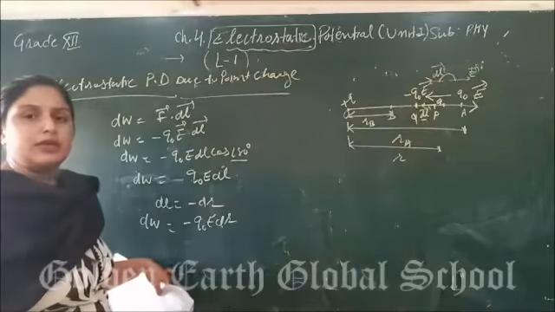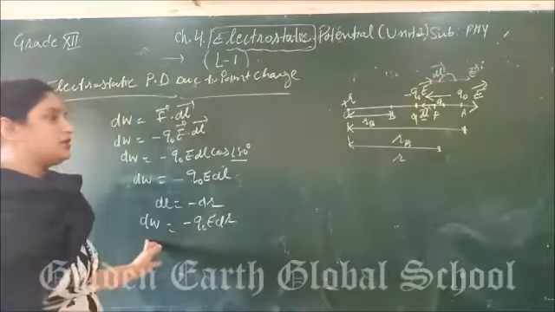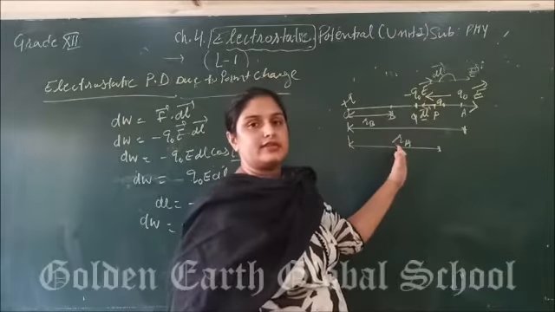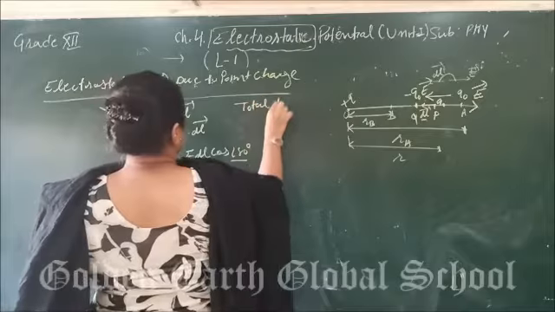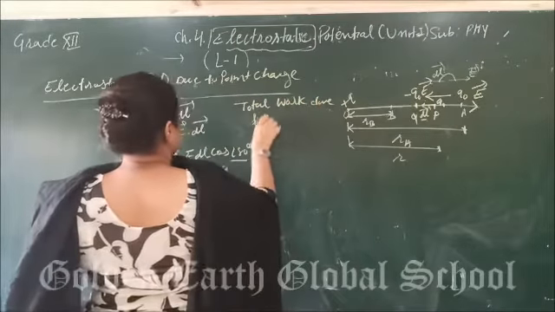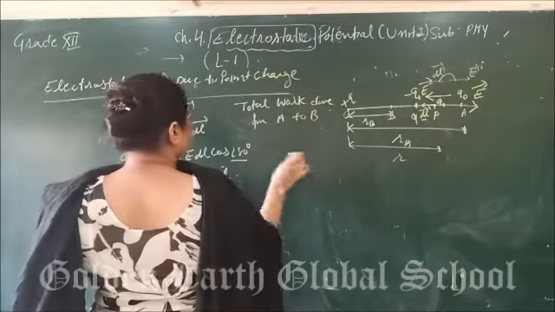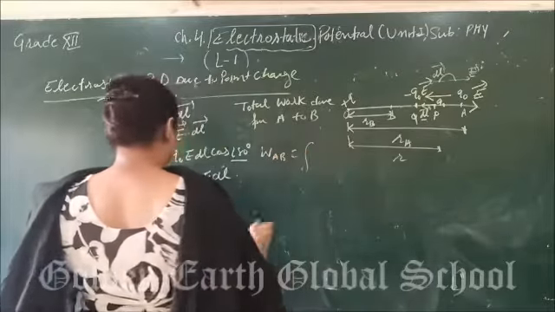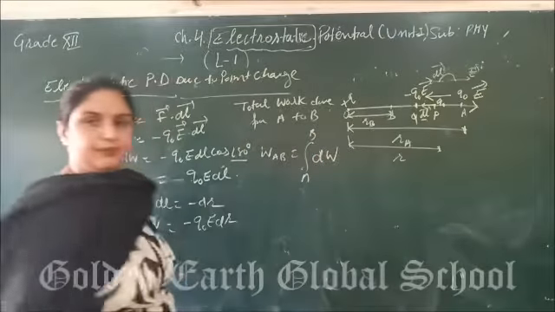Now we have to calculate total work done from point A to B. So we will integrate from point A to B over the distance r, from RA to RB. Now total work done from point A to point B, it will be WAB equal to integration A to B dW.